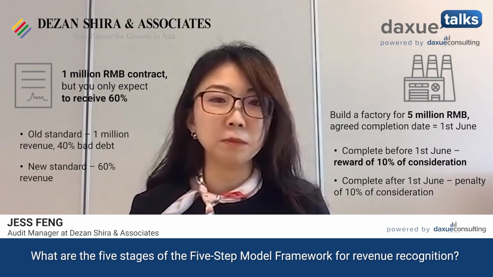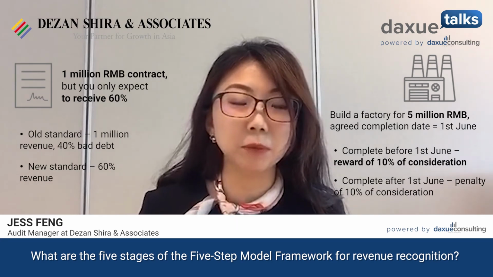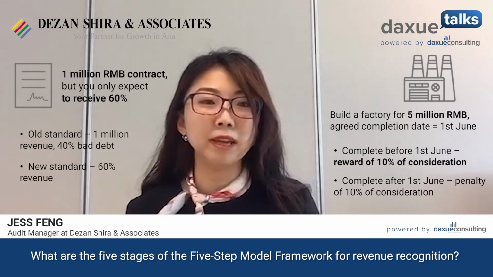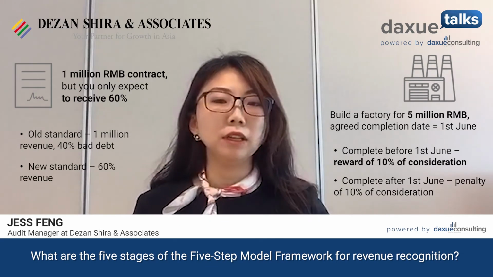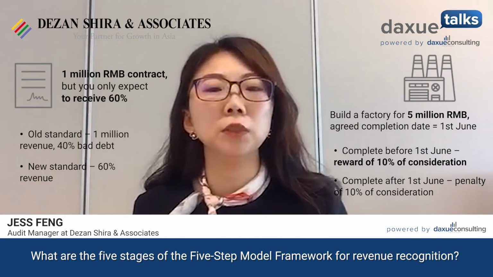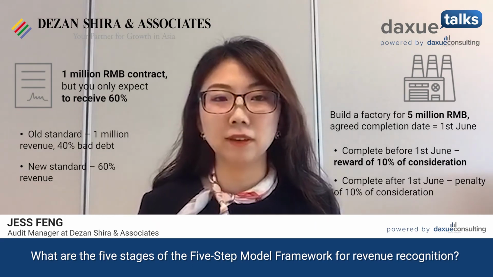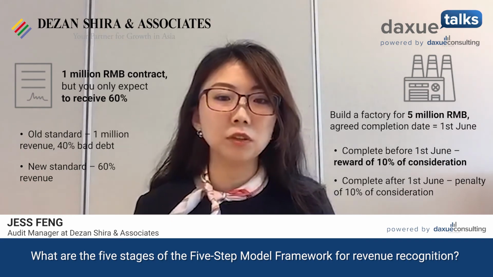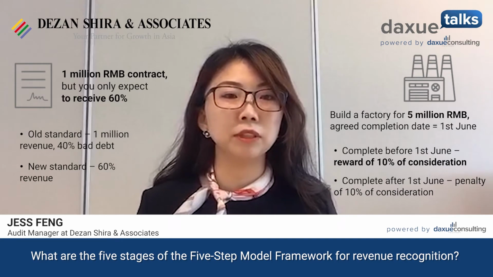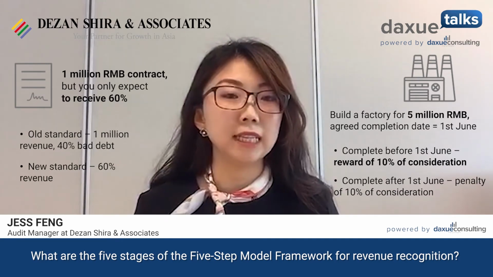However, if you complete the building late, which is after the completion date, you need to pay a penalty of 10% of the consideration. So the amount you expect to be entitled to in this case actually depends on whether you can complete the project on time.